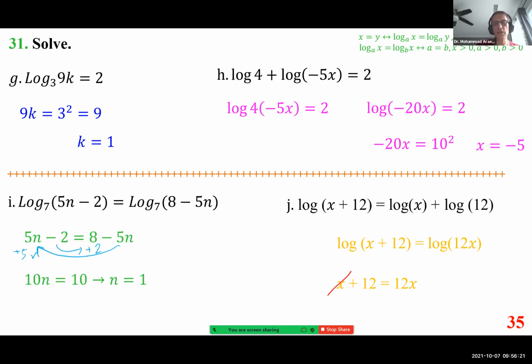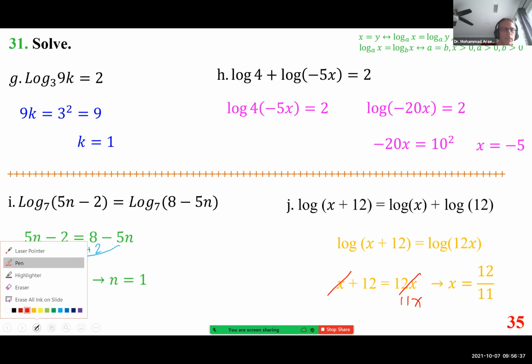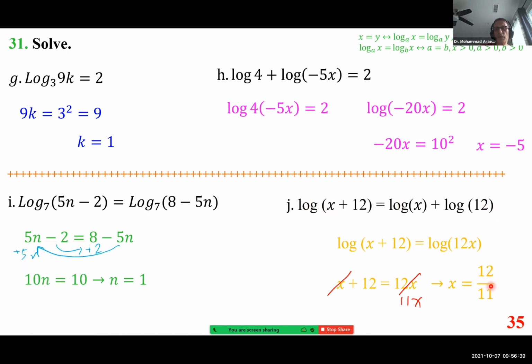We drop the x and this changes to 11x. We are, in other words, subtracting x from both sides, and we are dividing both sides by 11, and that's the final answer. Again, you want to check, make sure none of the arguments is negative when you plug in. This guy, 12 over 11, is good, this one is good, so we are fine.